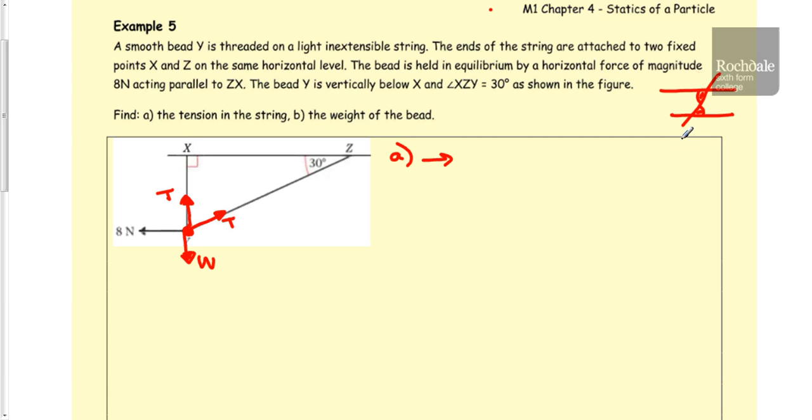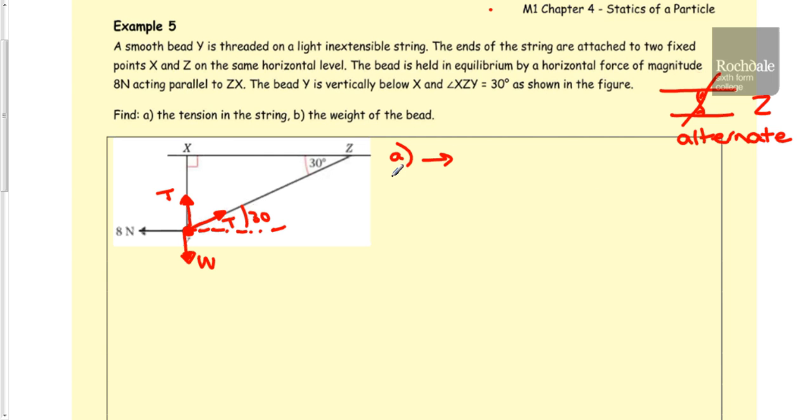You might want to say Z angles, but let's try and use the correct name. They are called alternate angles. So if this angle here is 30, then this angle here will also be 30. They're alternate angles.